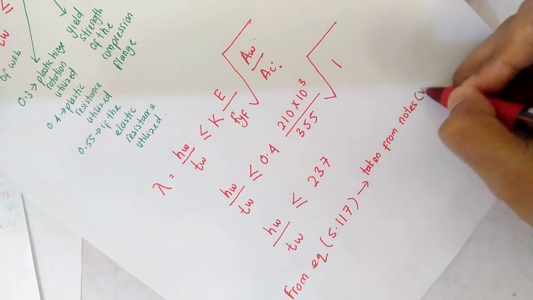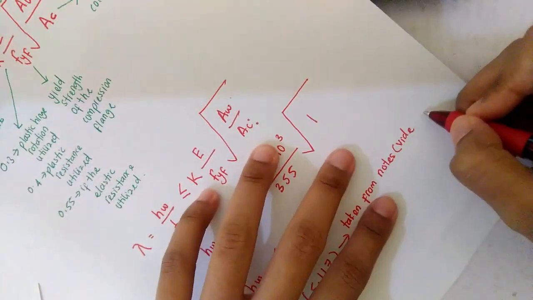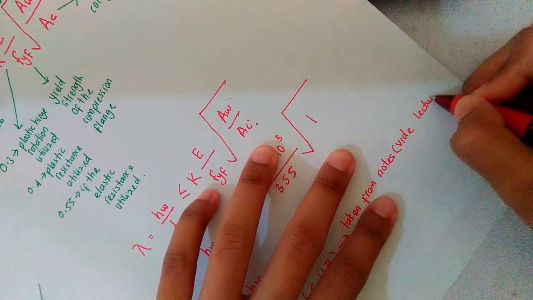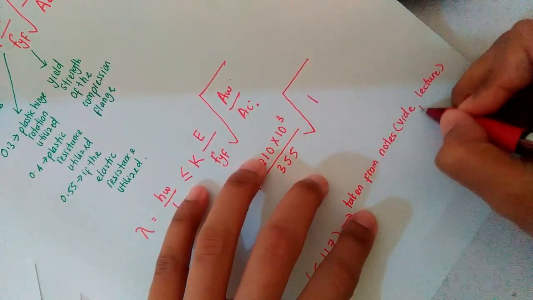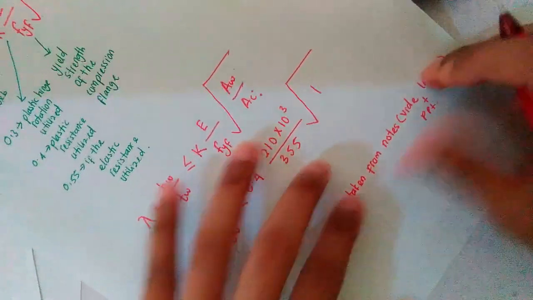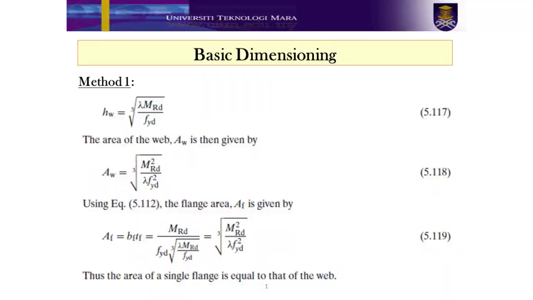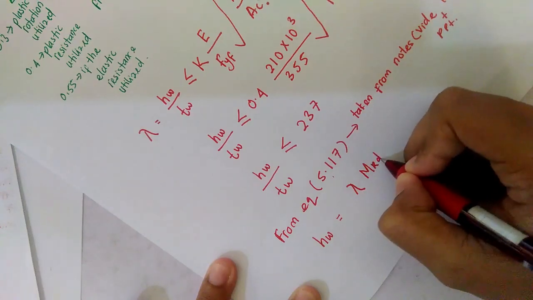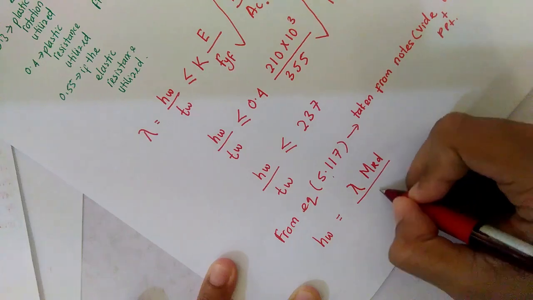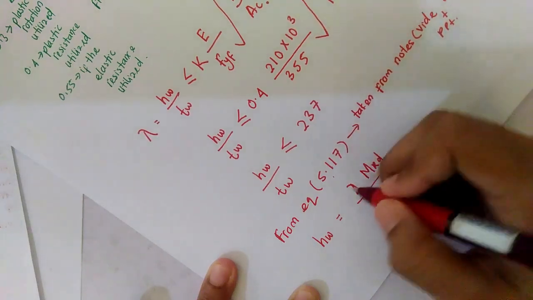You can look at the video lecture, and also at your PPT slides, whereby equation 5.117 gives you HW is equivalent to lambda MRD over FYD.